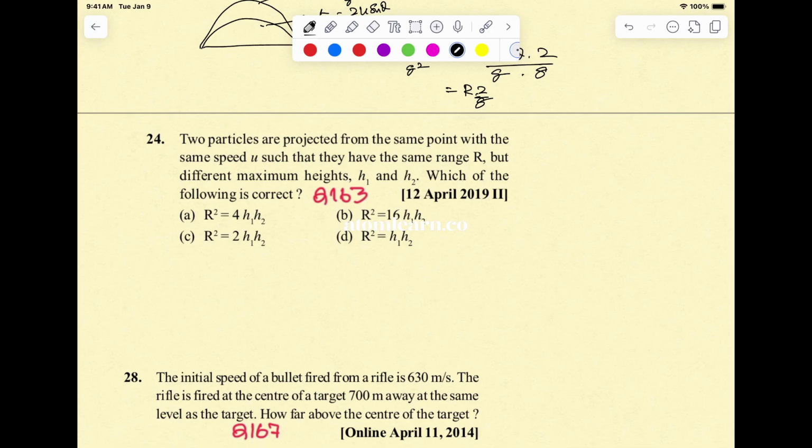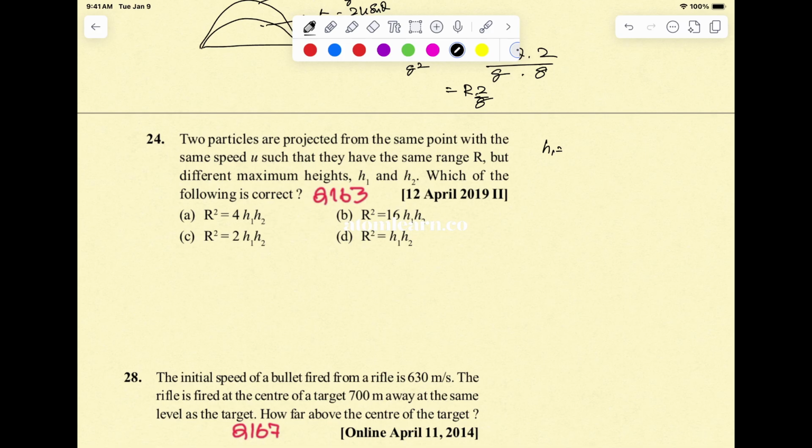Two particles are projected from the same point with the same speed such that they have the same range r but different maximum heights h1 and h2. Which of the following is correct? We know obviously from the well-known formula, H1 is proportional to tan theta, H2 proportional to cot theta.